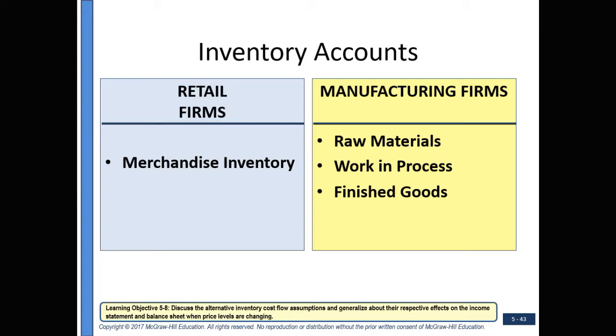Whereas at a manufacturing firm, there may be a variety of inventories. They should have 3 specific types. Raw materials, this is when they purchase all the things that they need in order to make whatever it is that they're creating. They would have work in process inventory, which means that effort has been put into converting raw materials into a finished good, but it is not yet completed.